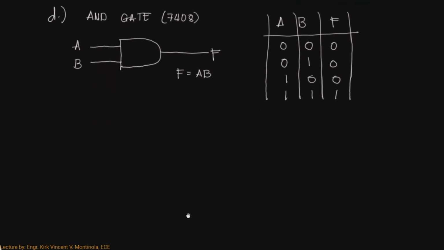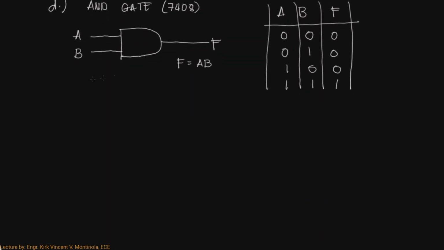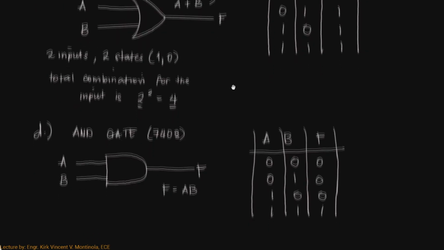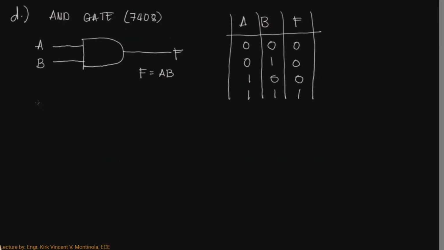Now we go to the NOR gate, letter E. The NOR gate has a symbol that is also like the OR gate, but with a bubble at its output.